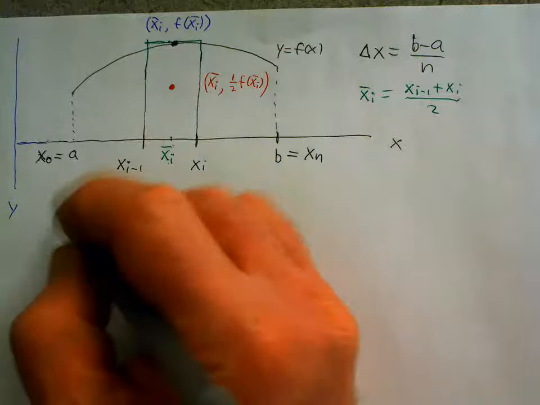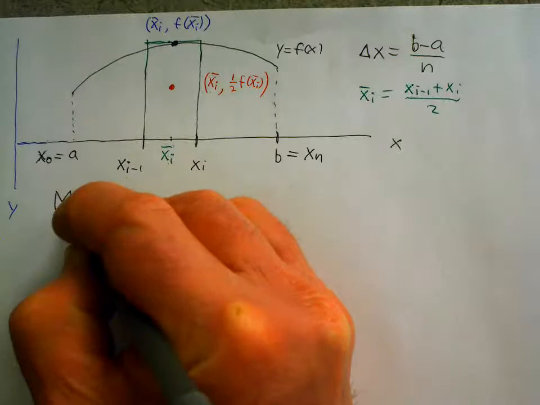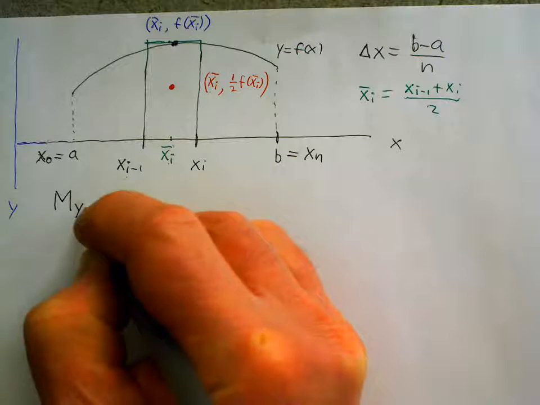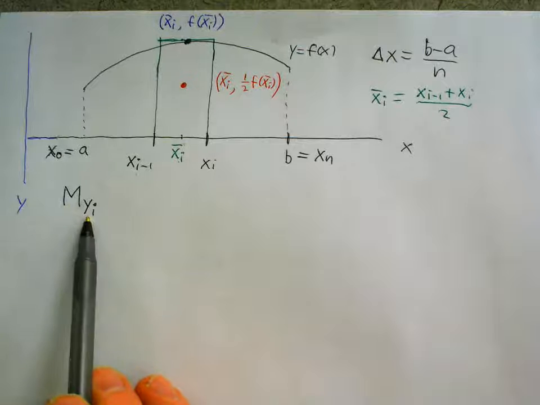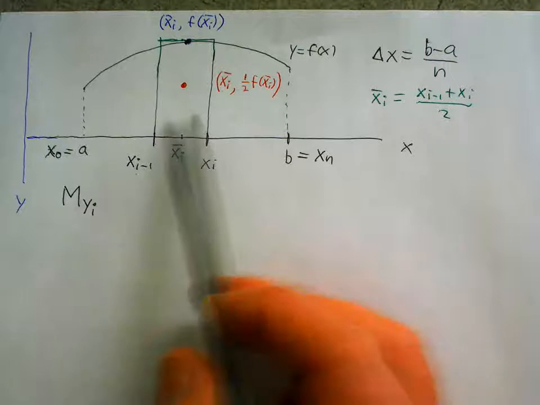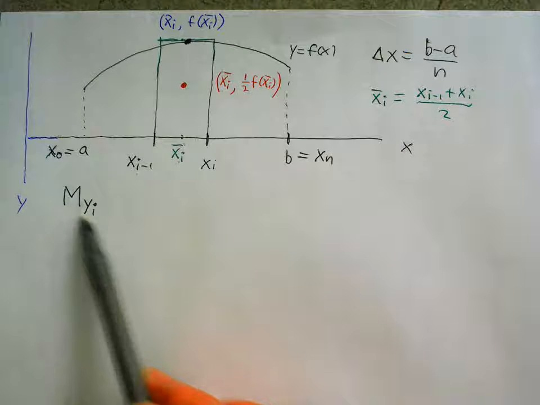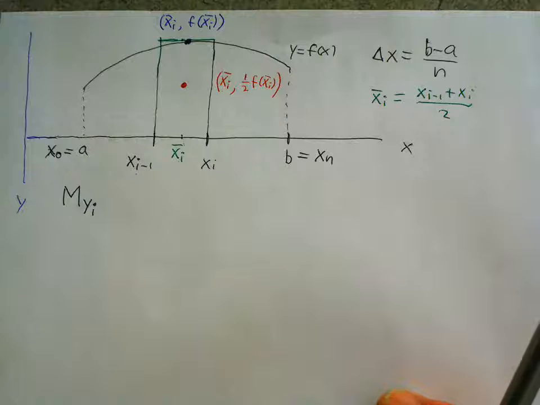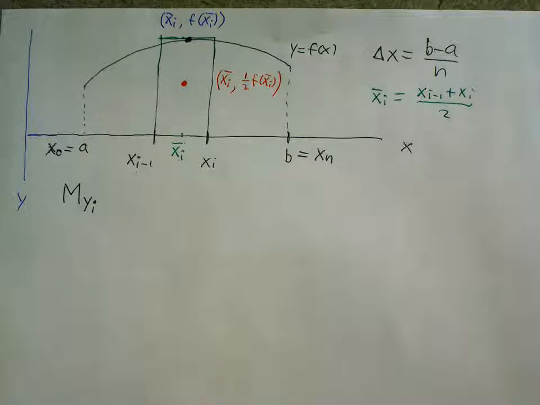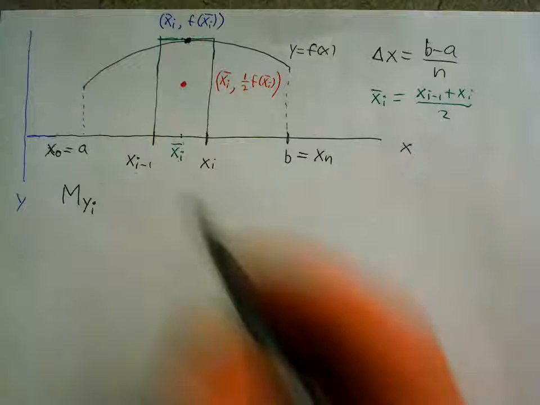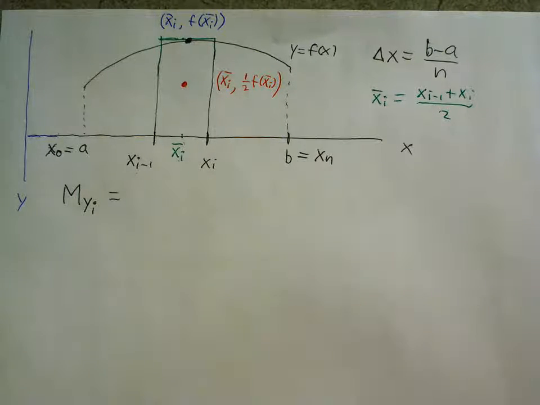So let's write down the moment about the y-axis for the ith rectangle. What is that?